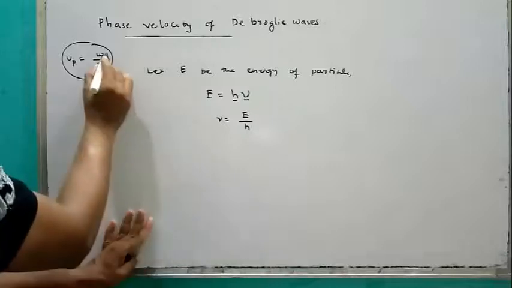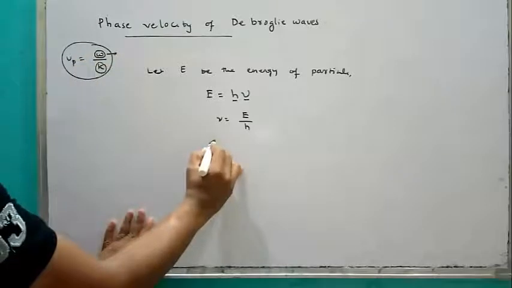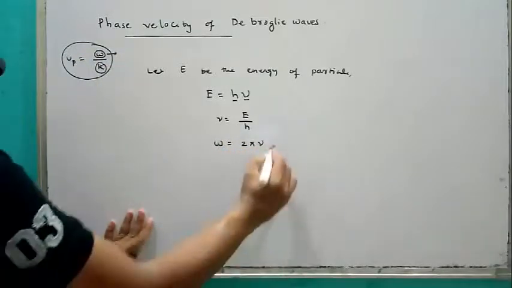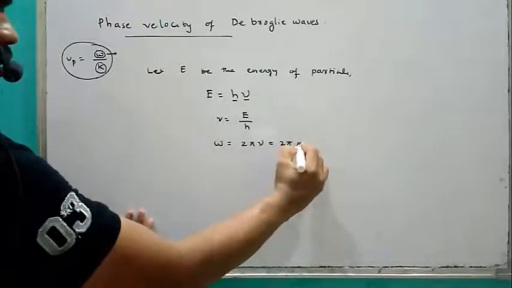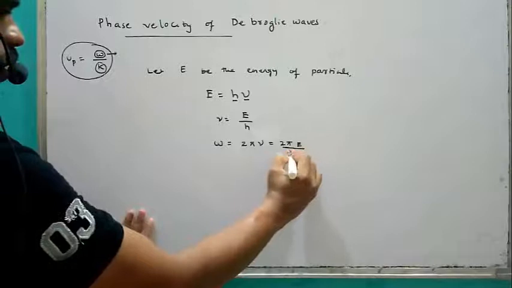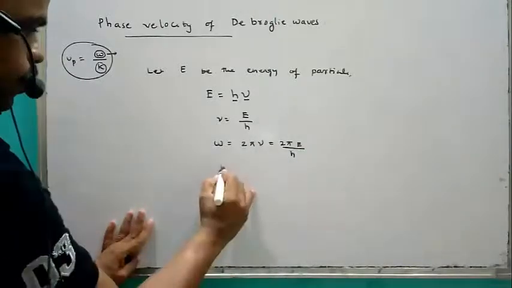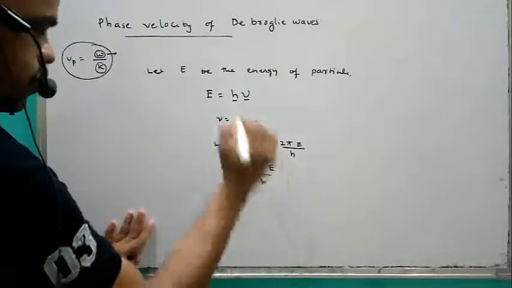So what do we want? That is the calculation of omega. Omega, the angular frequency, equals 2 pi nu. So just substitute E by h here. Omega equals 2 pi E by h.